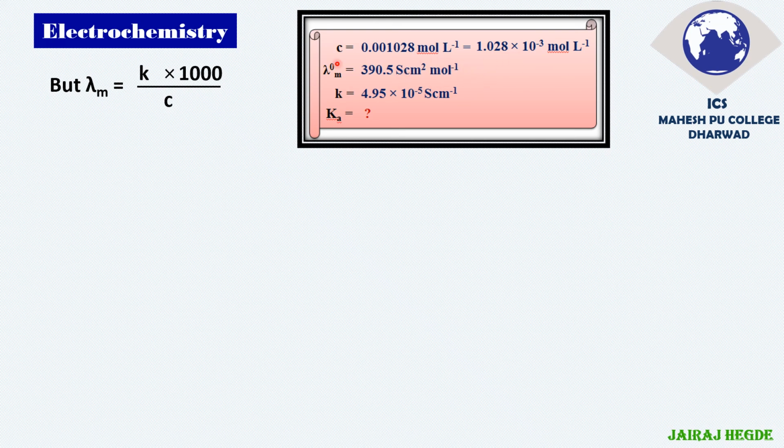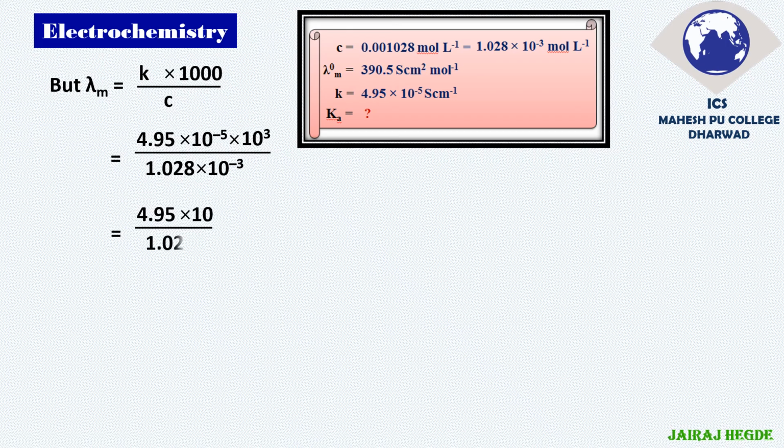Kappa is 4.95 into 10 power minus 5, 1000 is 10 power 3, and the concentration is 1.028 into 10 power minus 3. Solving this, it comes as 48.15 Siemens centimeter square per mole.